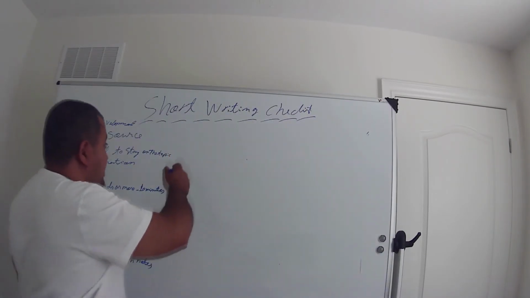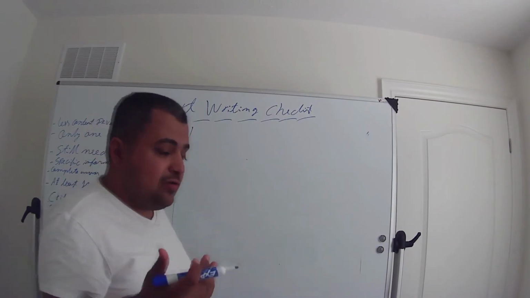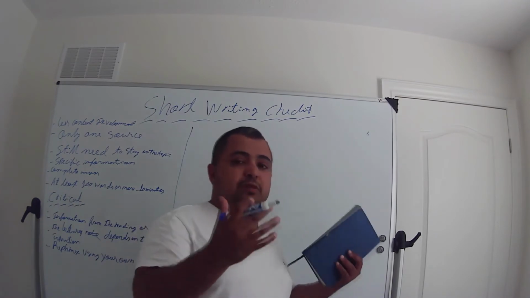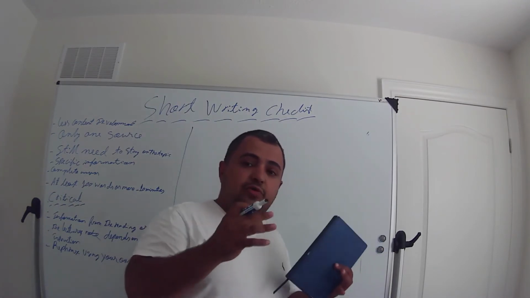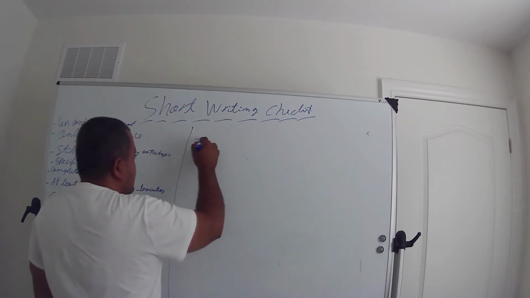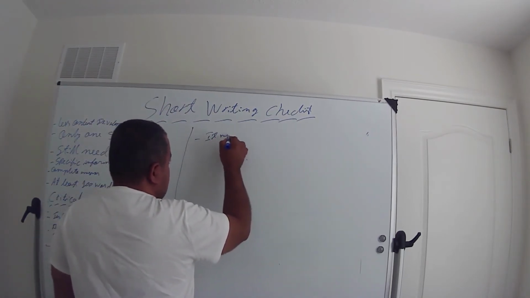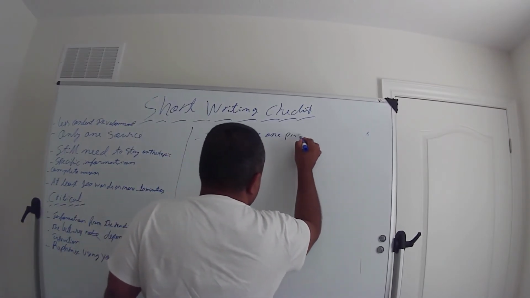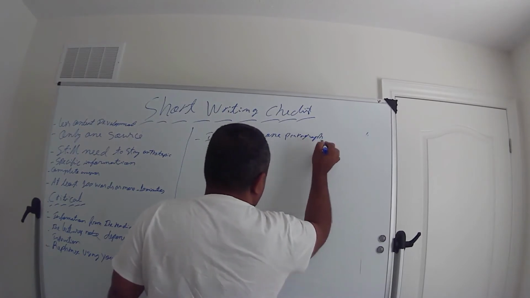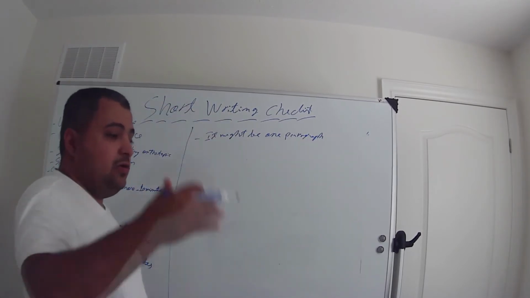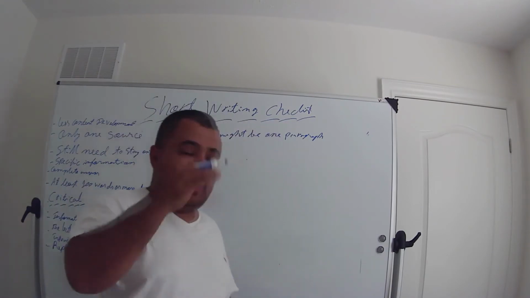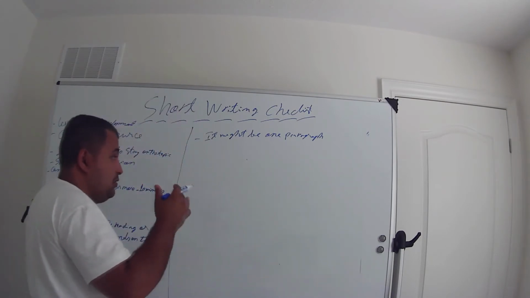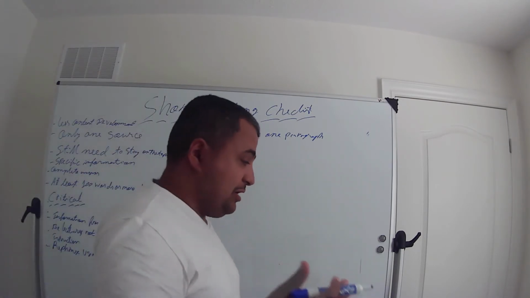Now, because it is 100 words only, most people just write the 100 words in one paragraph. On the long writing checklist you put 2 to 4 paragraphs, but here on the short one it would be at least one paragraph, and you can do 2 paragraphs also if you want.